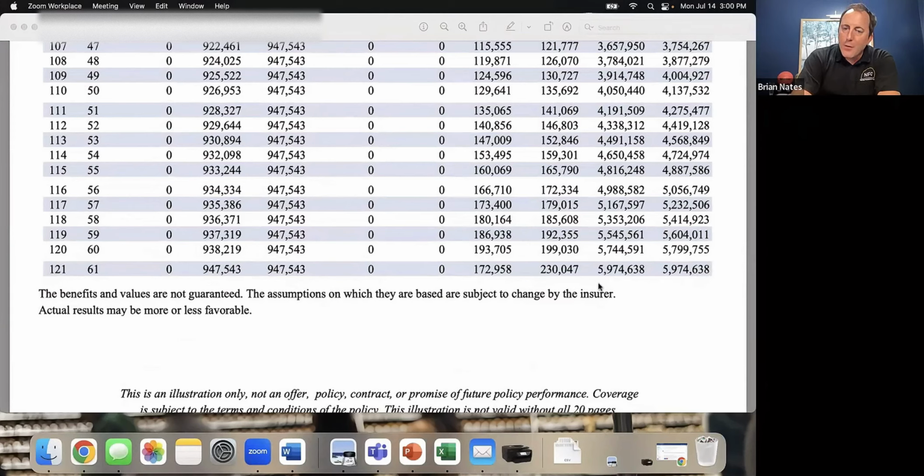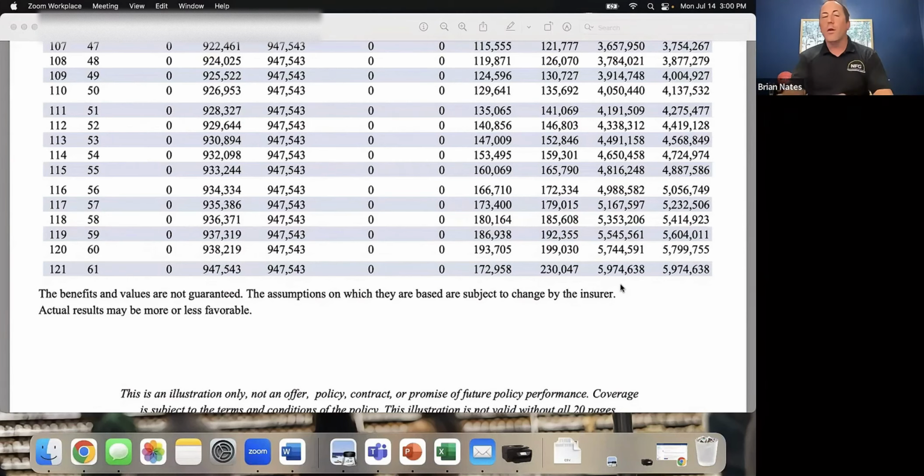But the cash value is exactly the same. It's designed that way on purpose. That is called efficiency. As the death benefit goes up, the cash value contractually has to go up.